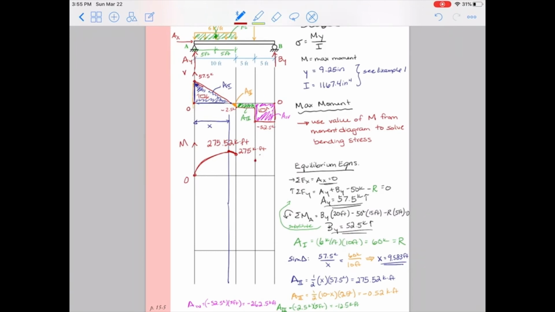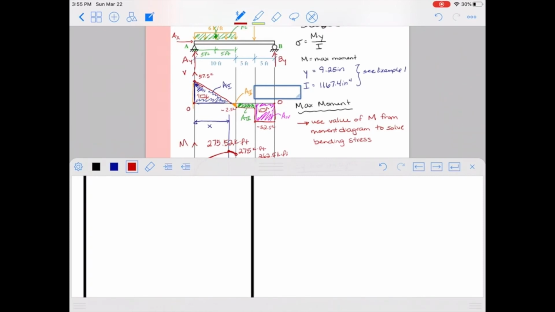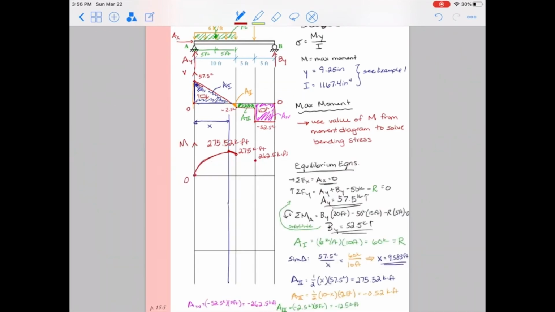I'll try to draw this in as a straight line. I'll see if I can figure out how to do that in this program. But basically, 275 minus 12.5 kip feet gives us 262.5 kip feet. There we go, straight line.